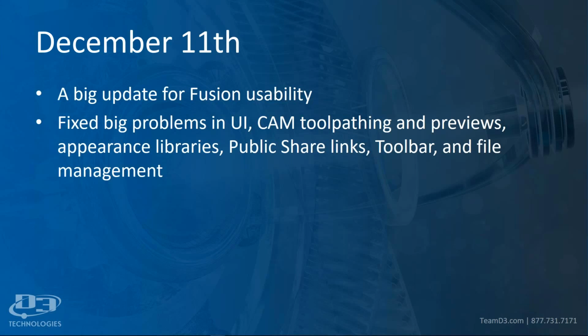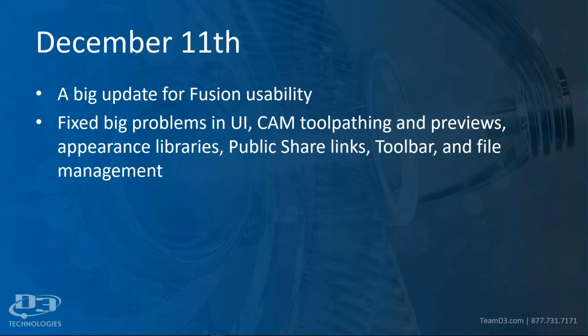There were a couple of CAM toolpaths and previews that were causing problems, and you had some very specific workflows to get them to work correctly, and they fixed those up. There were some pretty big issues with the appearance library crashing, and basically you'd save your own library and you'd be unable to access those.